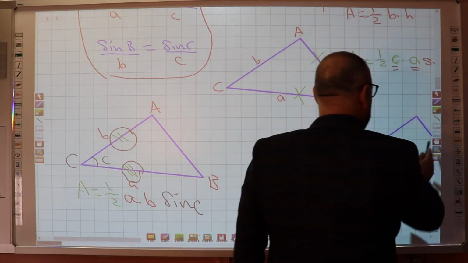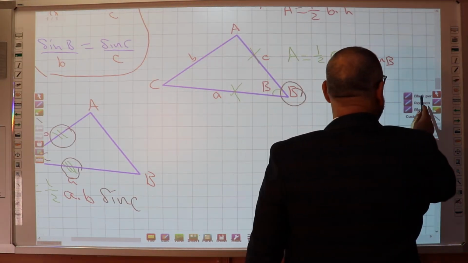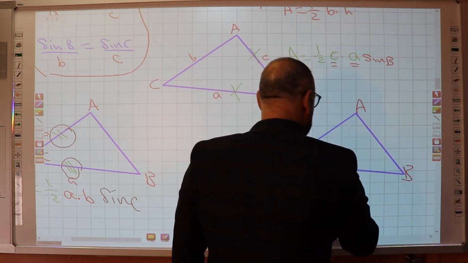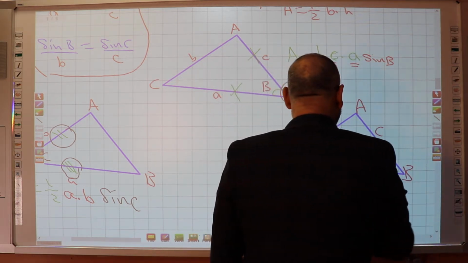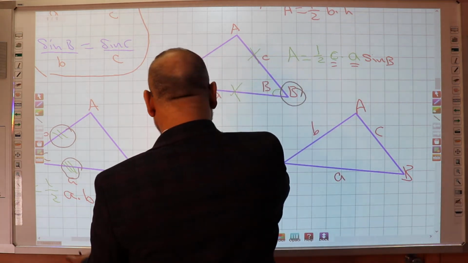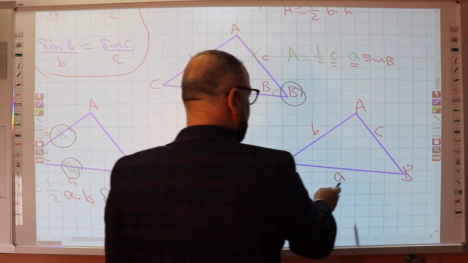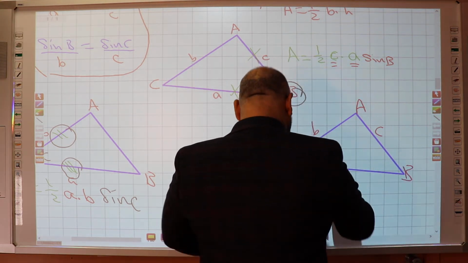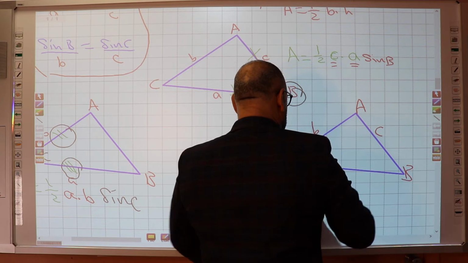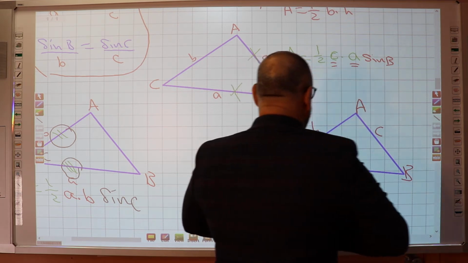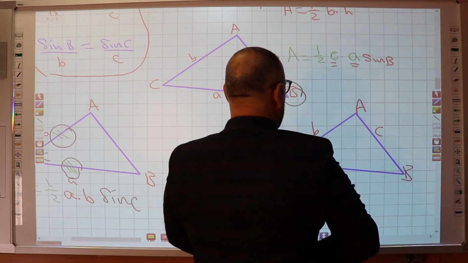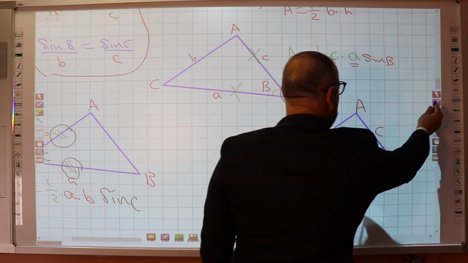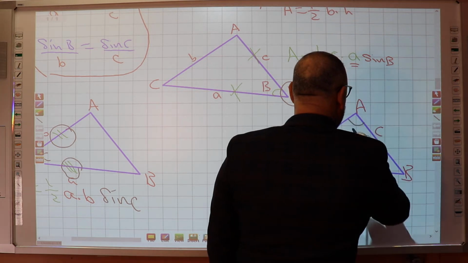Okay, the last case, if he gives you what? A, B, C. We have CA, we have AB, we need BC. B and C, this side and this side. Then which angle has to be given? This angle.